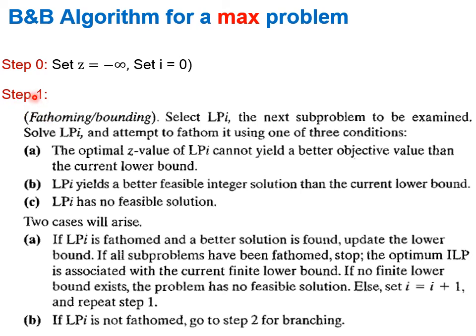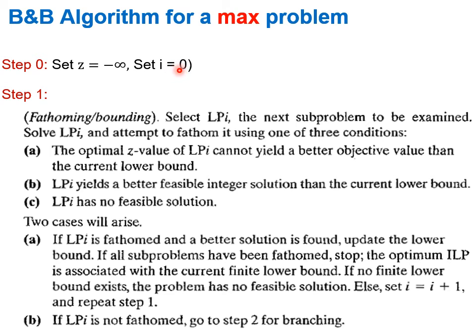Okay, in the first step, what do we do? We start with the LPI, which is LP0, the first LP. Actually, in the previous example, we started the LP from 1, LP1, LP2, LP3. But here in this algorithm, we start from LP0. LP0 is the first LP. It is just numbering. Don't be confused, okay?